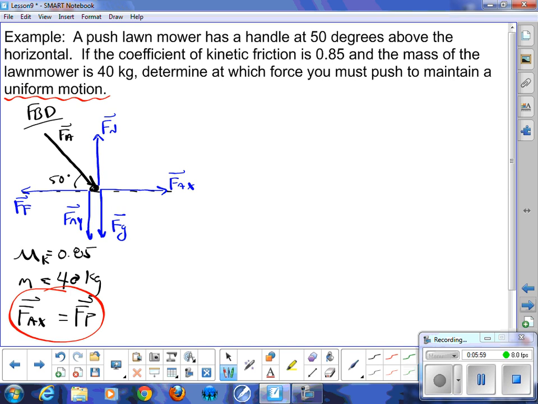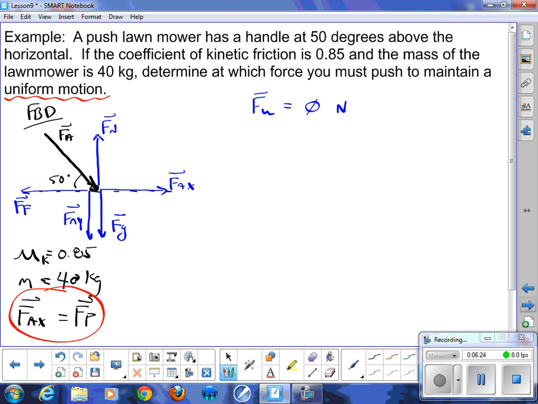So we want to make sure that the unbalanced force here is 0. So when we go and do our calculations here, we want F unbalanced to equal 0. All right, so that's where we're starting. Unbalanced force is 0 because whatever you're pushing with has to have a constant velocity.